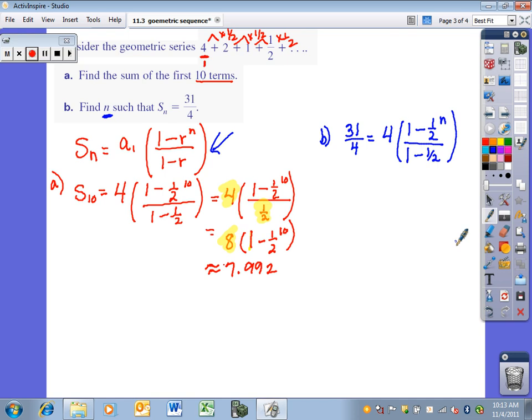So again, when I simplify this part, I still have my 31/4 equals 4 times 1 minus 1/2 to the n over 1/2.